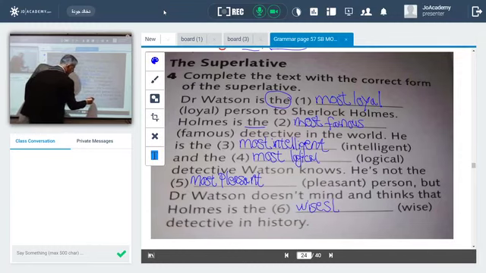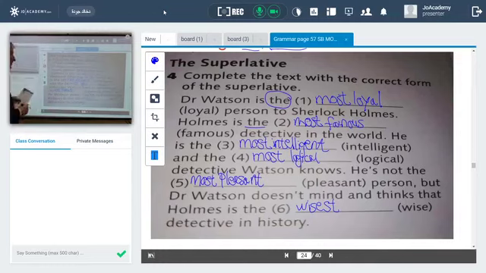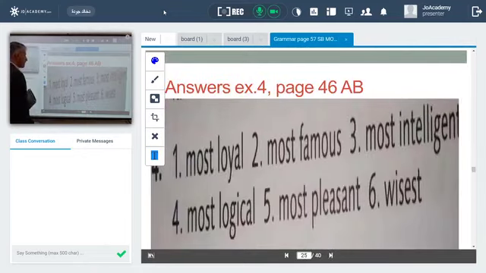Here we added est to the end of the adjective, so it becomes the wisest detective in the history. So let's check our answers and see if we are right or wrong. Most loyal, most famous, most intelligent, most logical, most pleasant, and the last one is the wisest. So these are our answers to exercise 4, page 46 from the activity book.